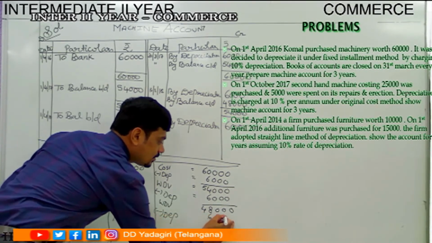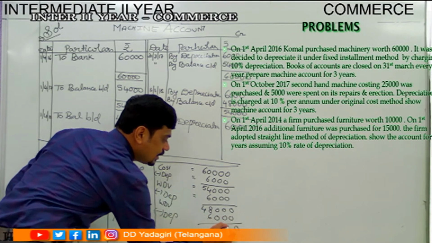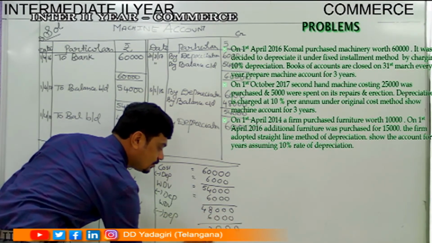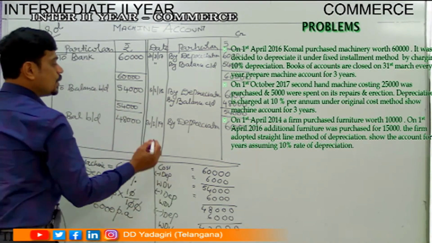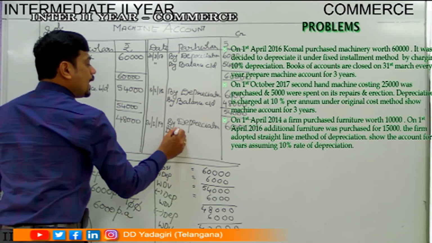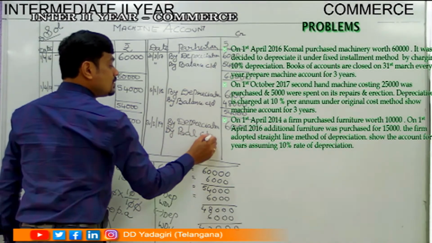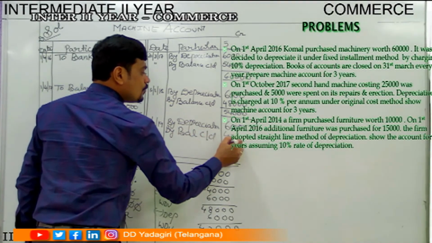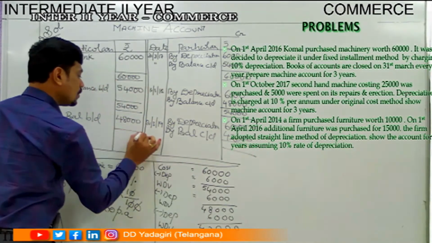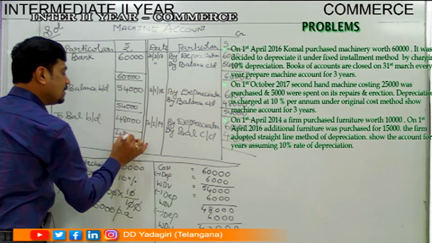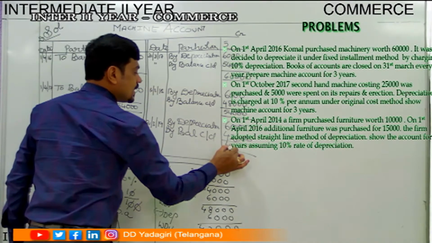By minus 6,000, how much do I get? 0, 0, 0. 8 minus 6, 2 and 4. This is written down value again. So close by balance carried down, how much? 42,000. Close the account with 48,000 on both the sides.